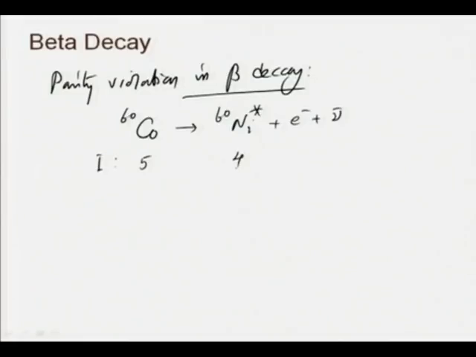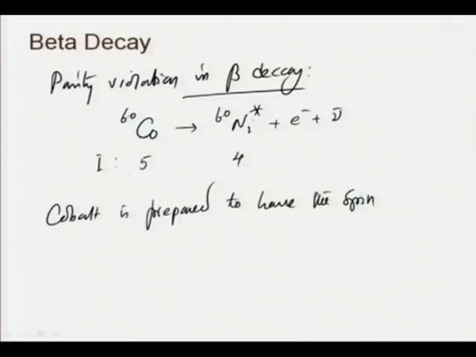Now, let us consider the situation where cobalt is prepared for the experiment. So, you take a large sample of cobalt and prepare it to have the nuclear spins, which are large, I equal to 5, aligned to a particular direction.